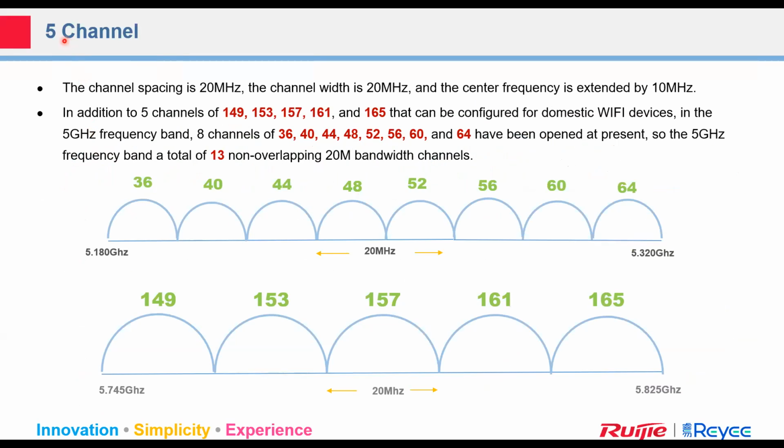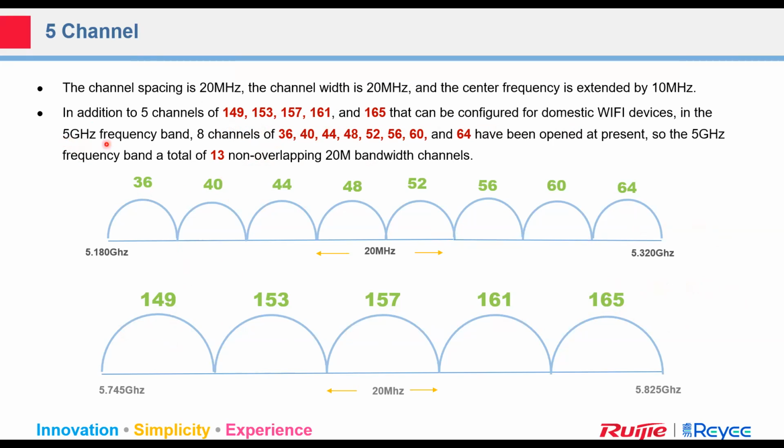So for 5 gigahertz channel, the spacing is 20 megahertz, sorry, and the channel width is 20 megahertz and centered by 10 megahertz. So in addition to the 5 channel here, this 5 channel is configured for domestic Wi-Fi device.